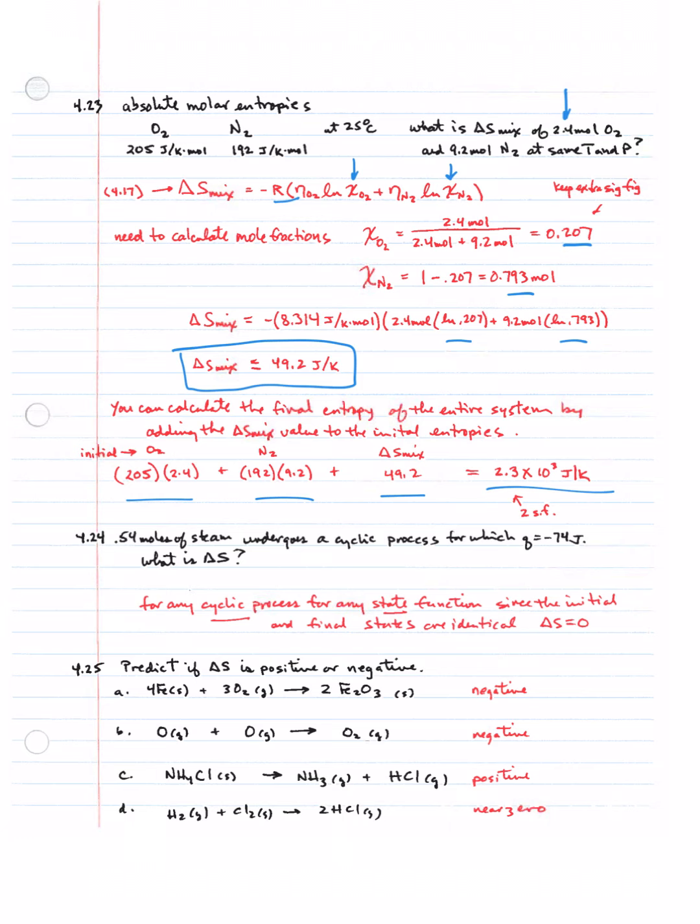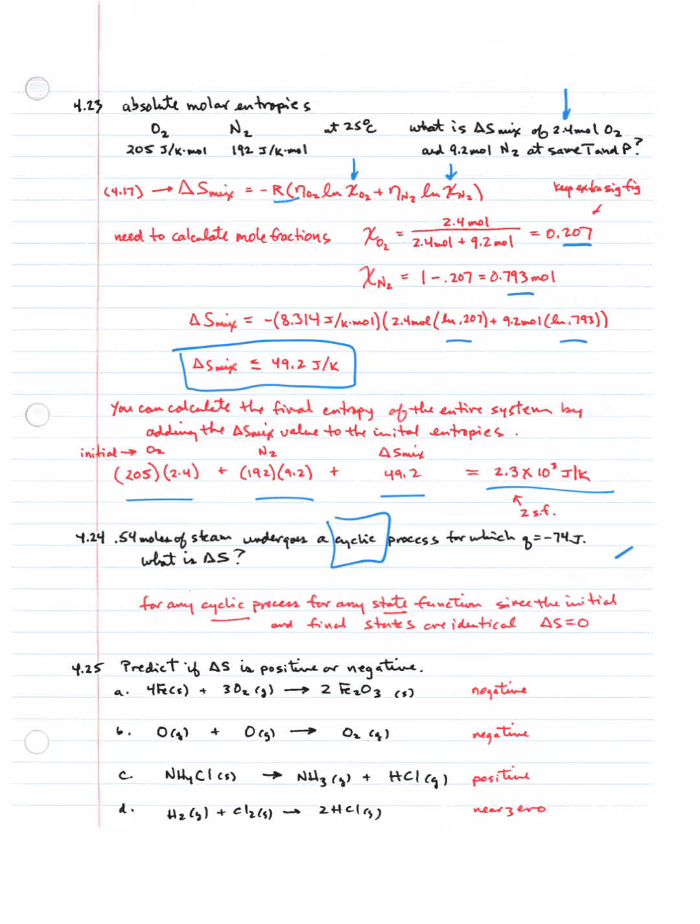The next question, 24, says I have 0.54 moles of steam, and it undergoes a cyclic process for which the total heat is negative 74 joules. What is delta S? Well, it really doesn't matter what the quantitative values were for these conditions, other than to say the key word here is that it's a cyclic process.